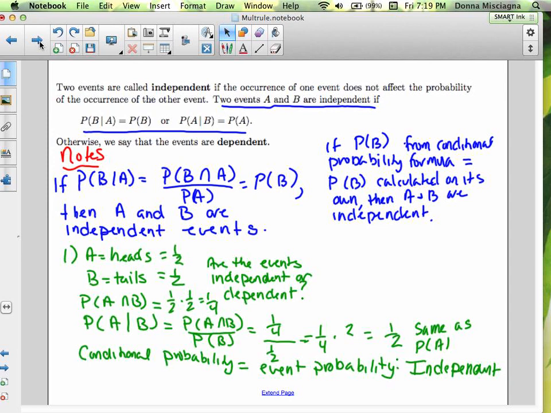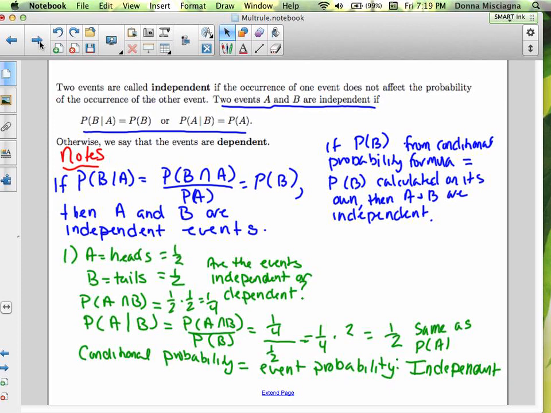It doesn't matter. You only have to calculate it once, because if these events are independent, no matter which of the two events you use, you're going to get the exact same thing from the conditional probability formula as you do from just calculating the probability.